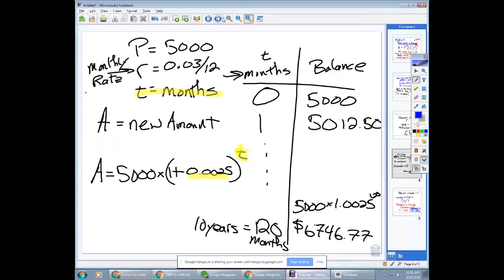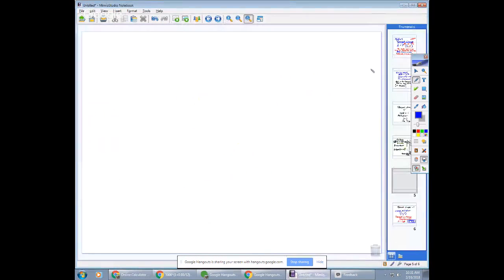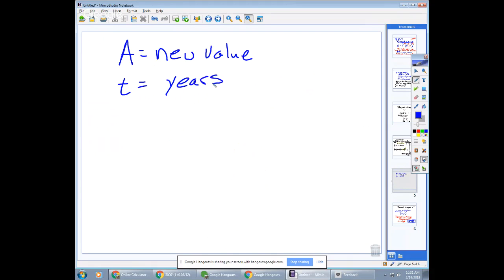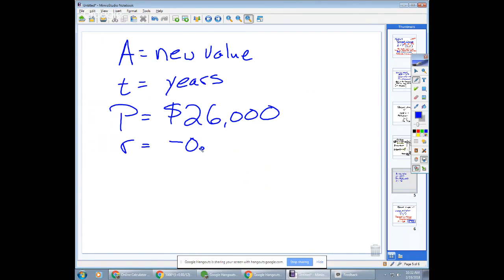All right, so I'm going to write a formula based on this. A is going to be my new value. T is going to be measured in years. P, my initial value, is 26,000. And the growth rate is negative 15%, so negative 0.15.